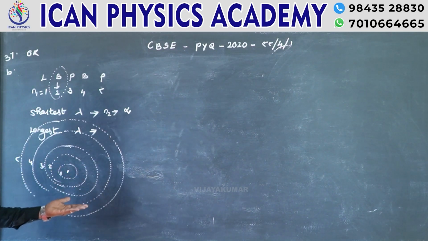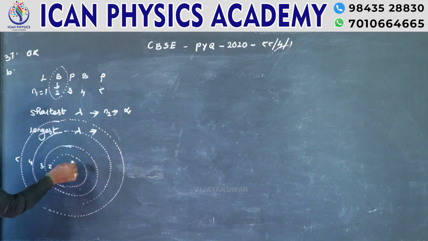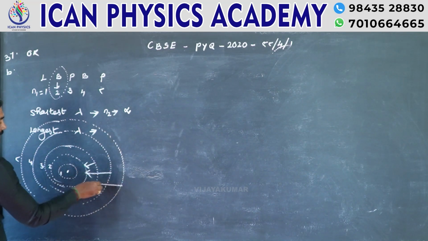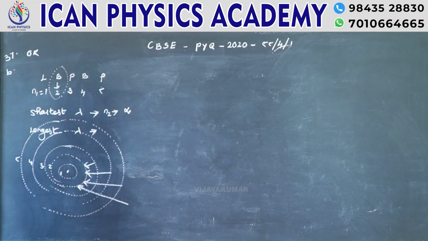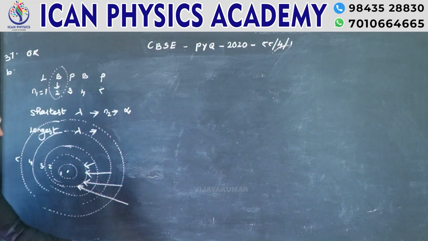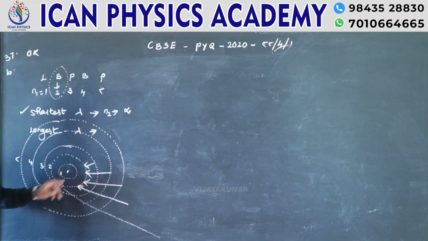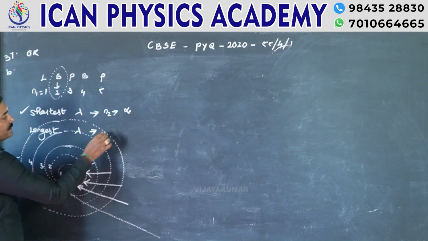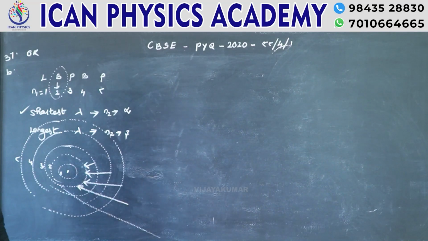When the electron jumps from any outer orbit to the second orbit, that is third to second, fourth to second, fifth to second, sixth to second, it is the Balmer series, which lies in the visible region. Infinity to second is the shortest, so the immediate shift, third to second, gives the longest. So the value of n2 is 3 for the longest wavelength of the Balmer series.